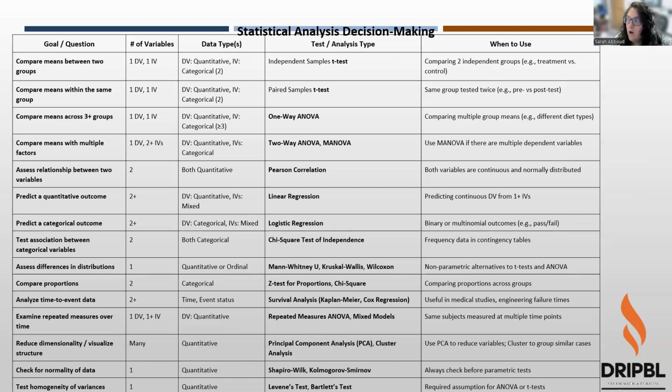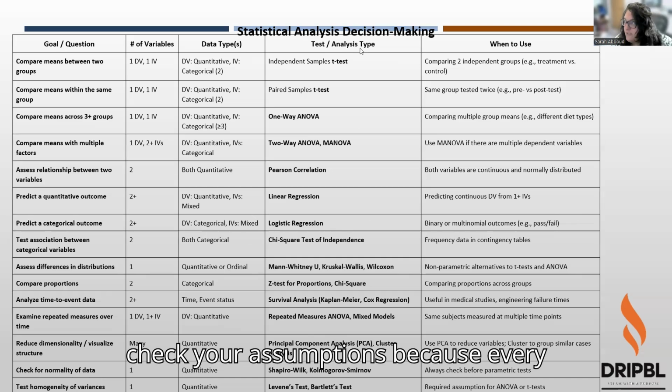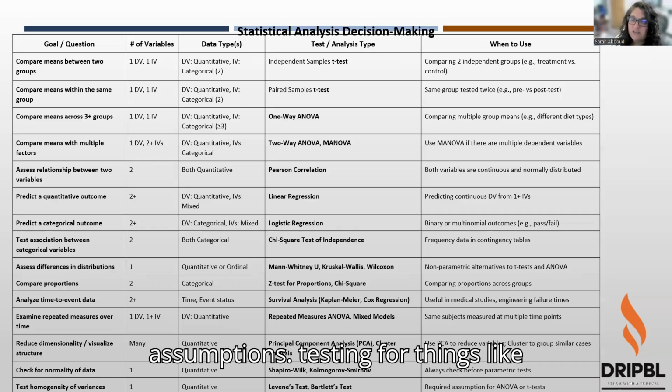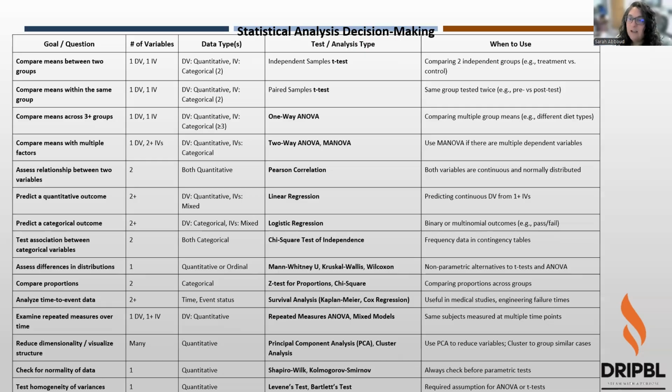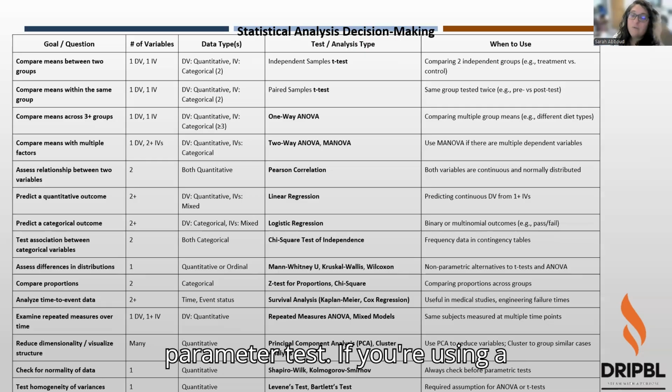So regardless of what you choose, always check your assumptions, because every statistical test or analysis type has assumption testing for things like normality, homogeneity, independence, before selecting a parametric test.